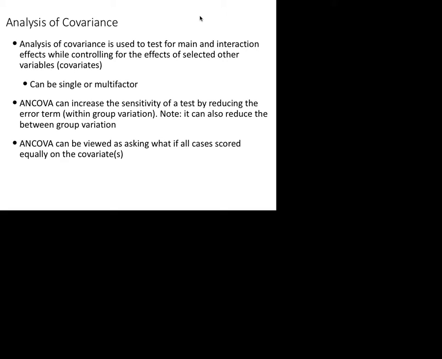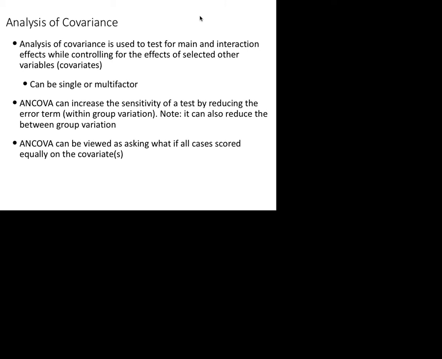So I want to start with analysis of covariance, and just a continuation. I believe this is exactly where we left off last week. Analysis of covariance is used to test for main and interaction effects while controlling for the effects of selected other variables, or covariates.